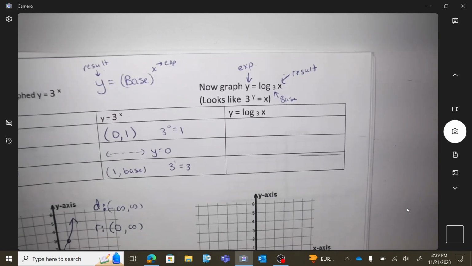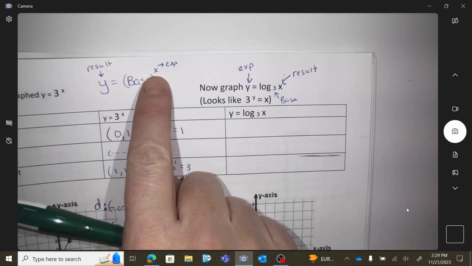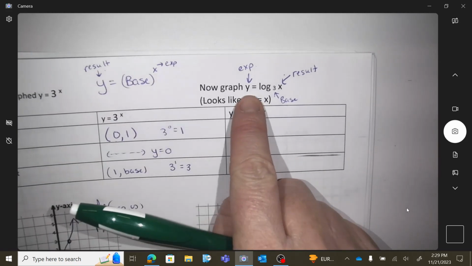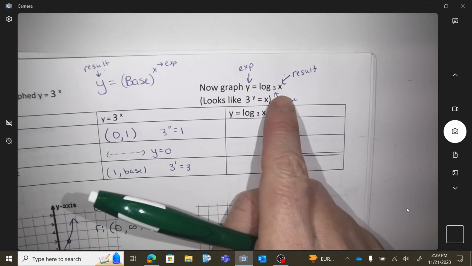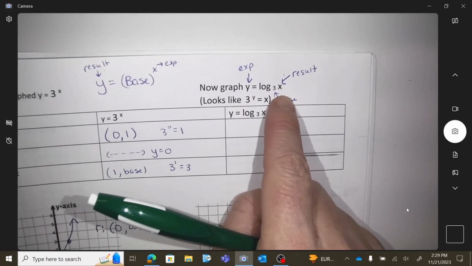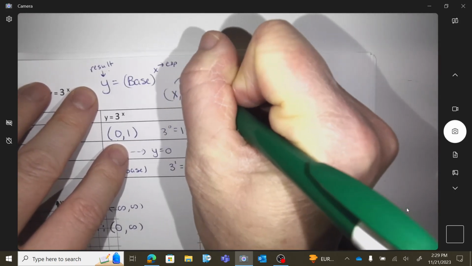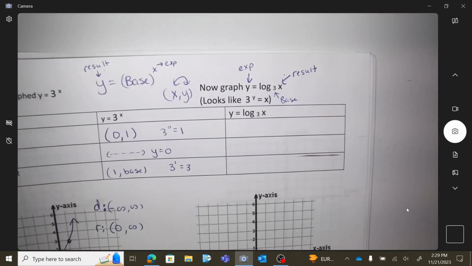No. Inverse. Yeah. Because what happened? The input was x, exponent x, result y, and this time it's exponent y, result x. So what happened? X and y are just switching. It's an inverse.